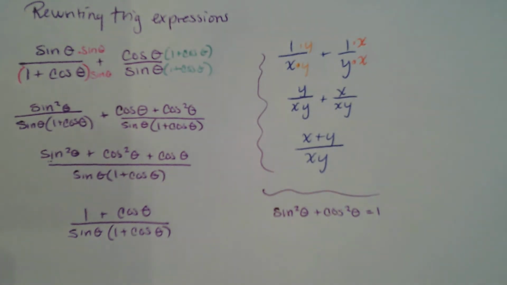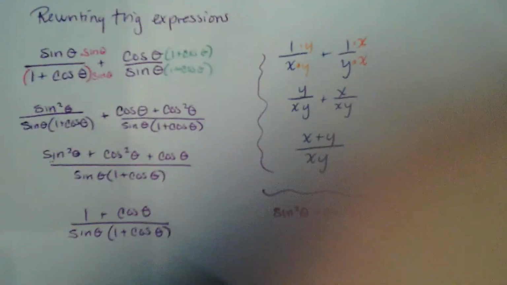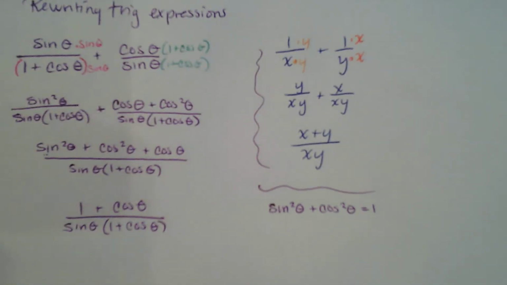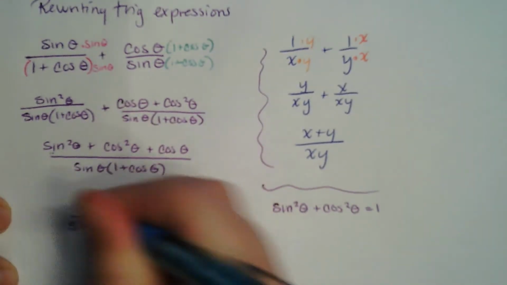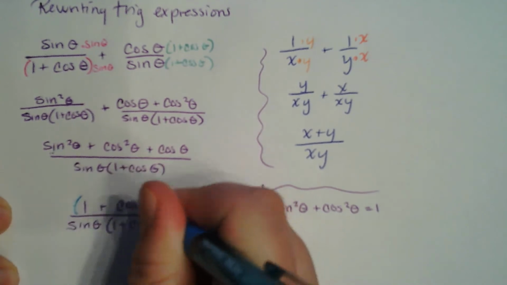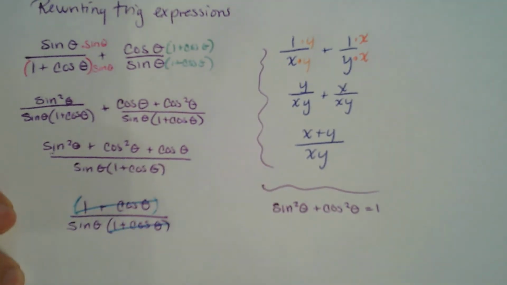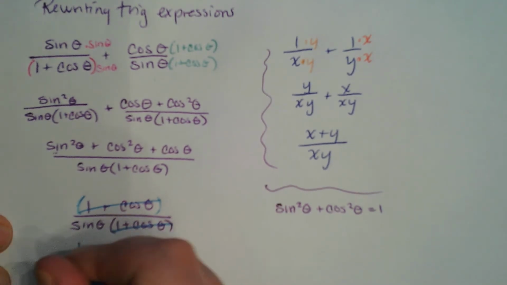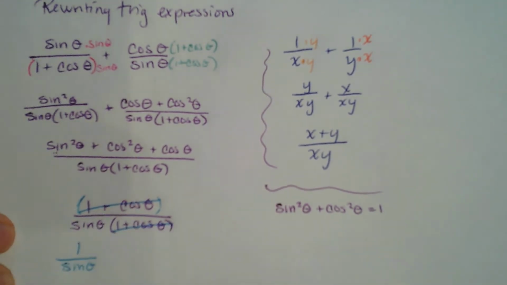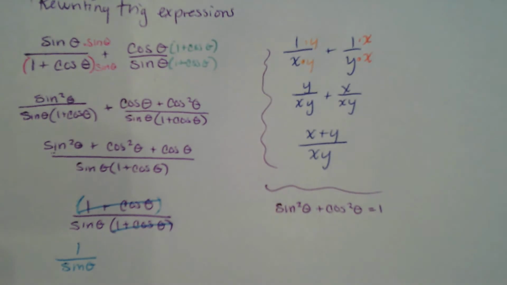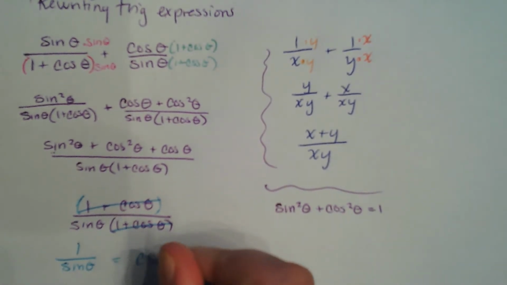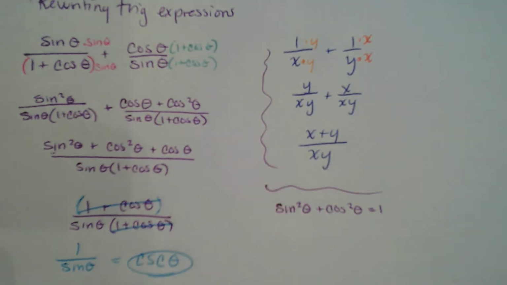This is actually working out really nice because now this entire portion can be canceled out right here. And this will simplify to be 1 over sine theta. And we know 1 over sine theta is actually cosecant theta. So it took a little bit of doing, but we were able to simplify that one pretty well.